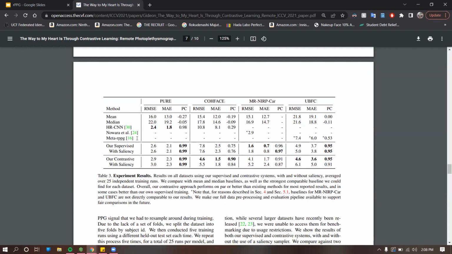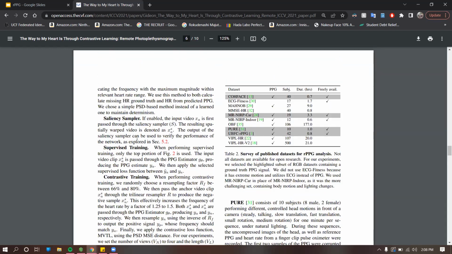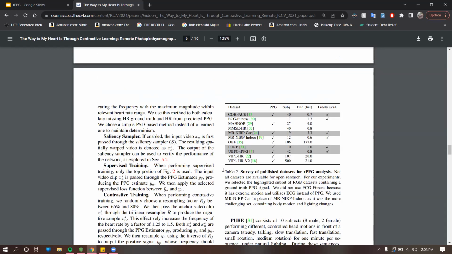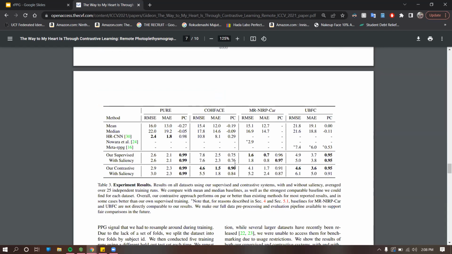How about table 2? These are showing the different data sets, but they didn't use all of these. Okay. So yeah, can you go down? Let's look at table 3. And is there any other table?